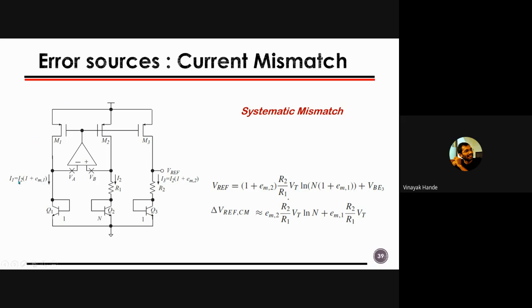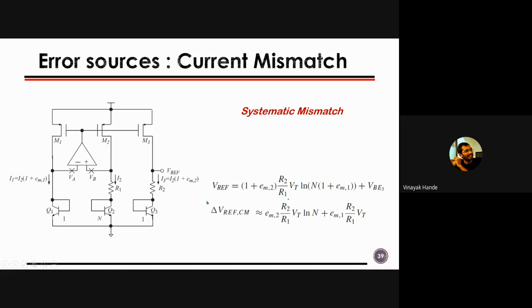When I1 is equal to I2, here it is the EM1 mismatch, and here it is the EM2 mismatch. Then, considering these two mismatches, which mismatch is much more concerning, that we have to figure out. After solving this, the equations are quite small and easy, so I did not put them into this slide; it may look like clutter as well, and that is not the purpose of this workshop, right?